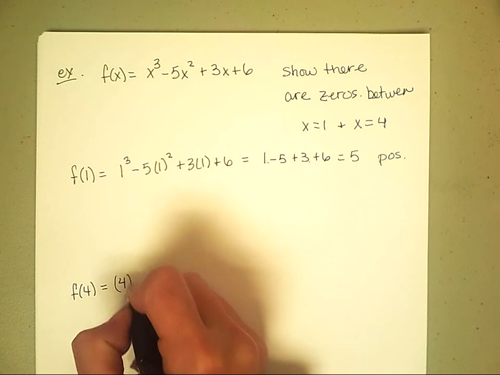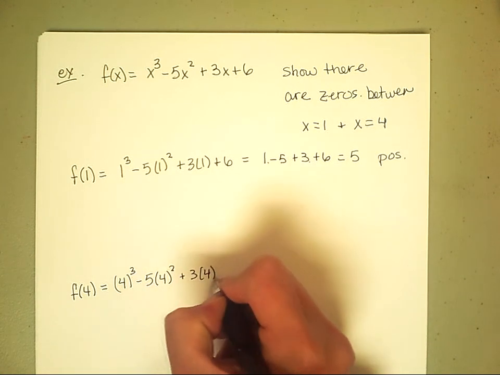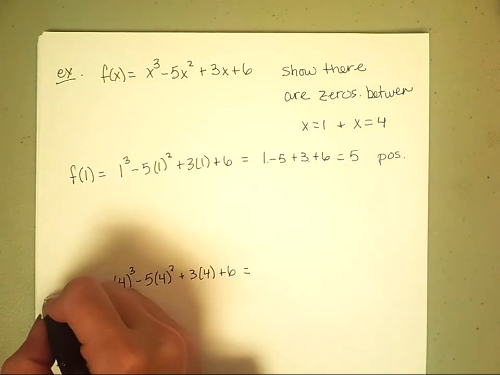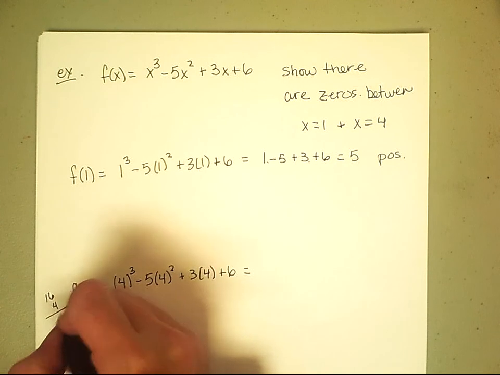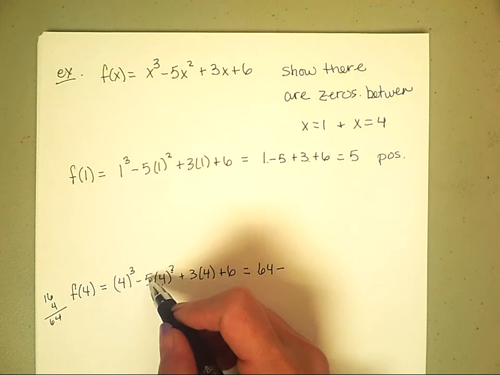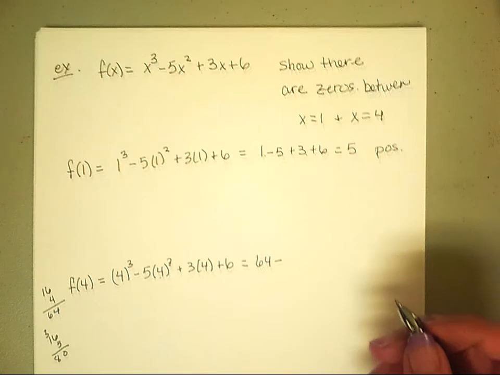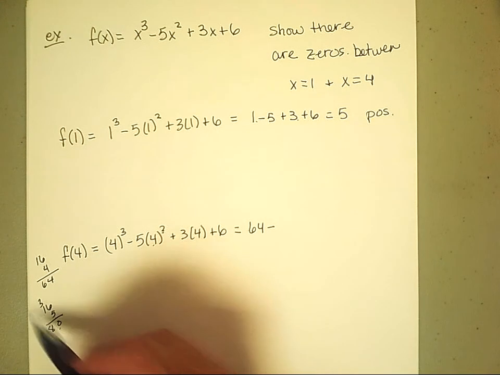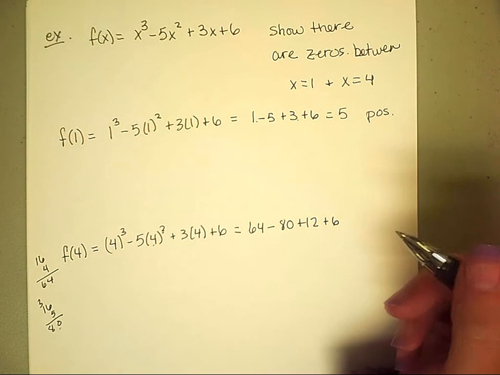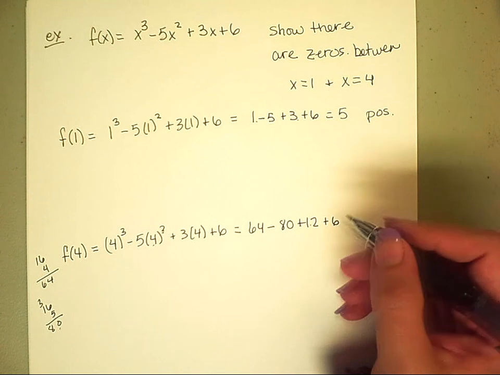Let's look at f of 4 and leave some space here. 4 cubed minus 5 times 4 squared plus 3 times 4 plus 6. So 4 cubed, 4 times 4 is 16, times another 4 is 64. So 64 minus 16 times 5 is 80. So minus 80 plus 12 plus 6.